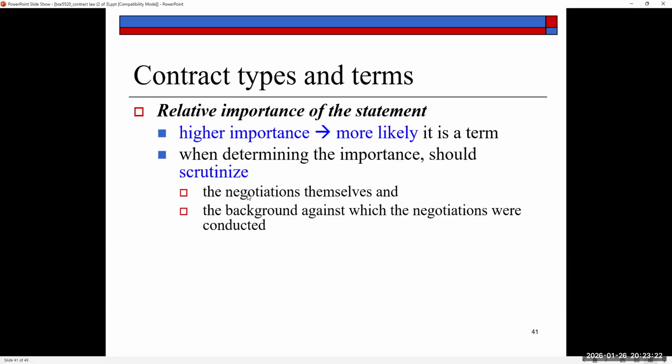We should scrutinize the negotiations themselves and the background against which negotiations were conducted. We have to look at the issues, the backgrounds, the matters being negotiated to decide whether that clause, that statement is important or not important.